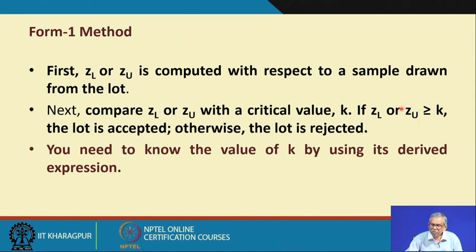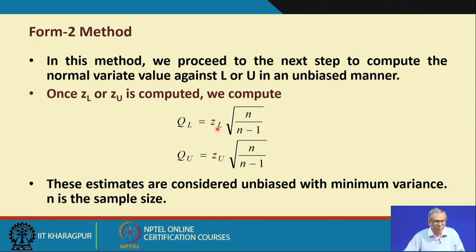While you compute ZU, you must know the value of U. Then you check whether ZL or ZU is greater than or equal to small k. If this condition holds, the lot is accepted, otherwise the lot is rejected. This is a very simple procedure. You need to know the value of k by using its derived expressions. This point I have already mentioned.